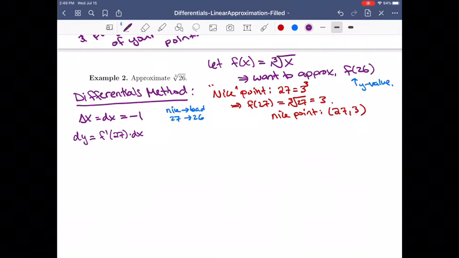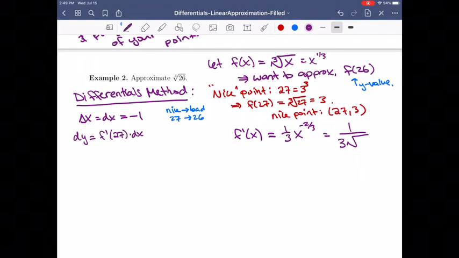So f prime of x, we know f of x is x to the 1/3, so it's going to be 1/3 x to the negative 2/3, or 1 over 3 cube root of x squared. I can compute that when I plug in 27.